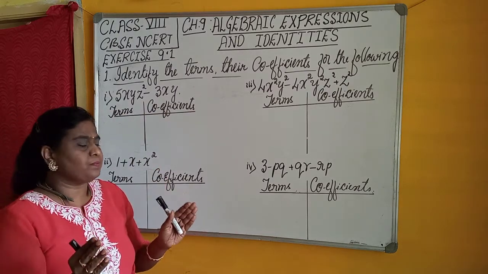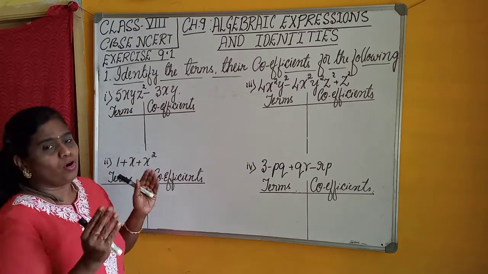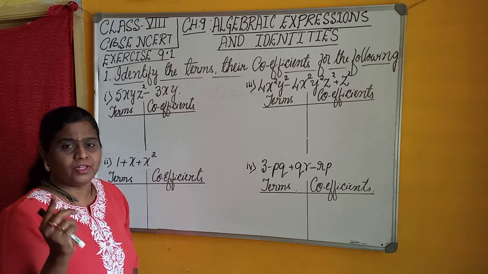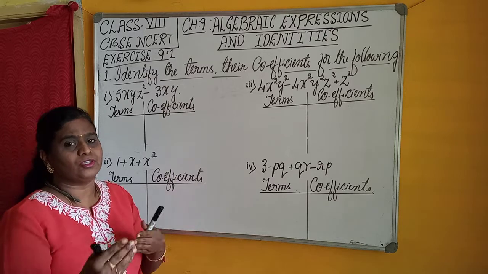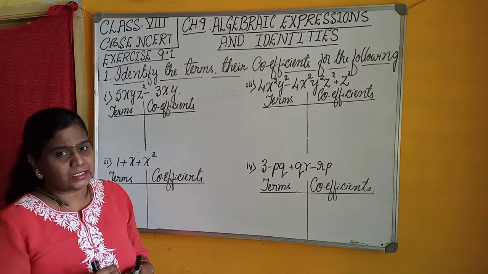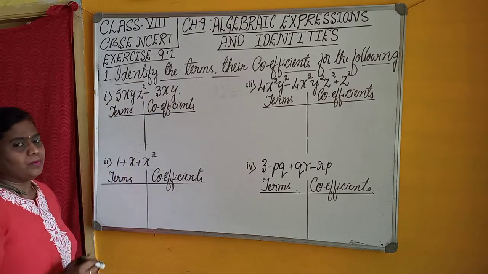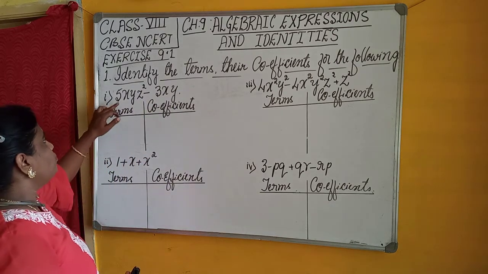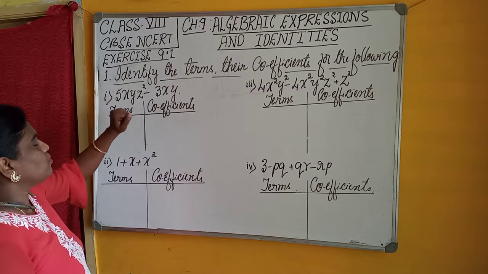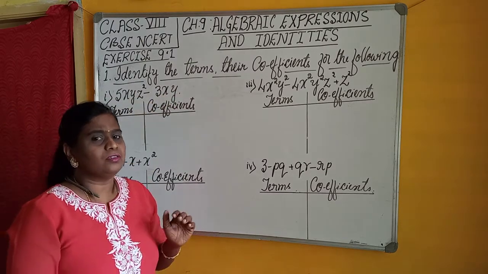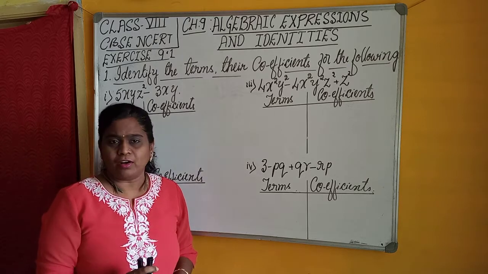An algebraic expression is made up of a combination of algebraic terms which are separated by plus or minus symbols. But in this, the algebraic terms are 5xyz square and 3xy. We know that terms are the product of factors.